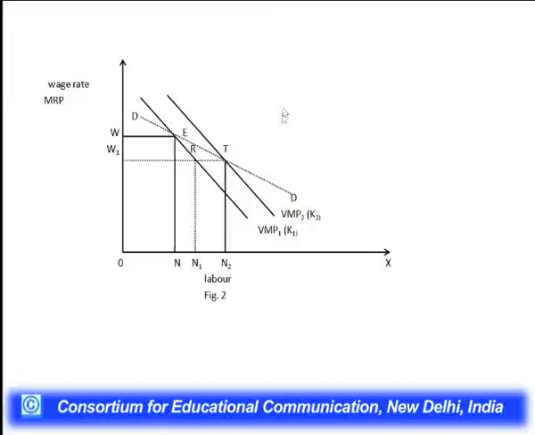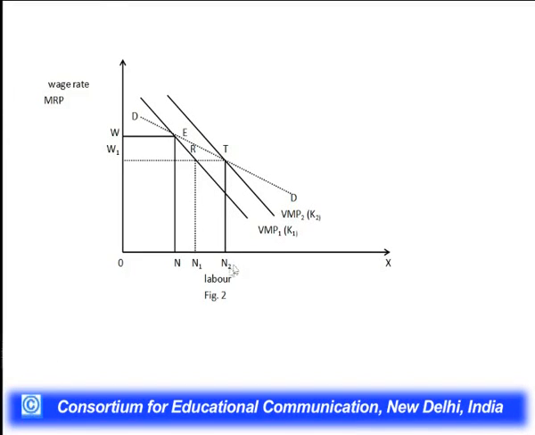Now we will see what is the demand for labor at the lower wage rate corresponding to the new value of marginal product, and we will get the demand curve for a factor in case all factors are variable for a competitive firm, and this curve will be found to be more elastic as compared to the value of marginal product curves for the firm. This is shown in figure 2.